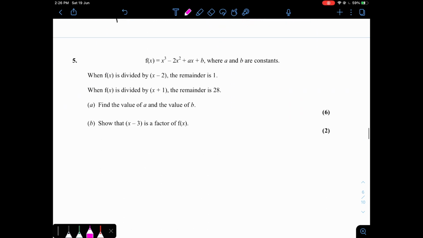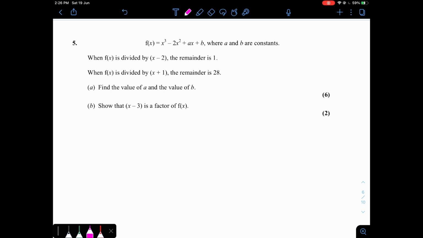Now question number 5. f of x equals x cubed minus 2x squared plus ax plus b, where a and b are constants. So when f of x is divided by x minus 2, the remainder is 1. So that means that f of 2 is 1.